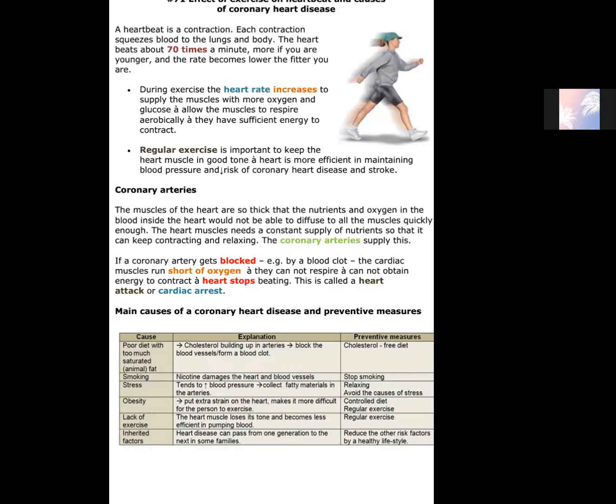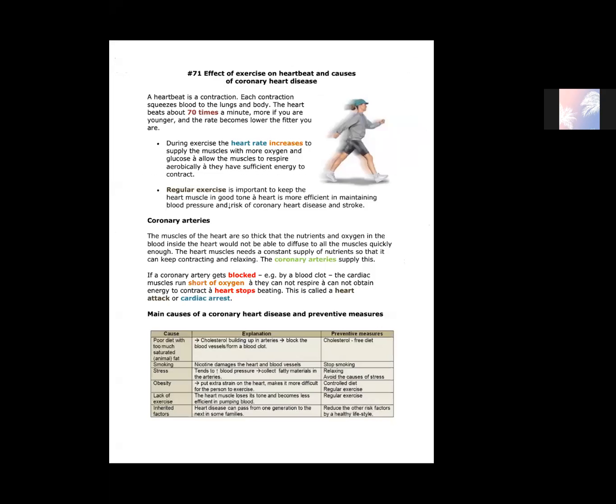Then there are genetic or inherited factors. There are genes which can pass from the family background. If the history shows that there are previous cases, we have to change our lifestyle in order to prevent the risk.